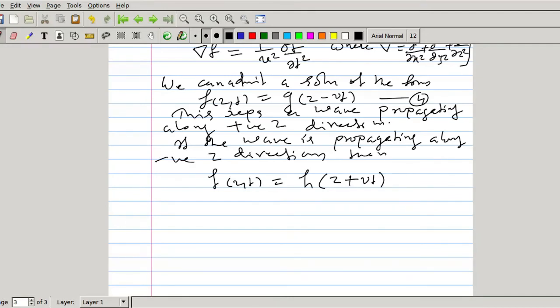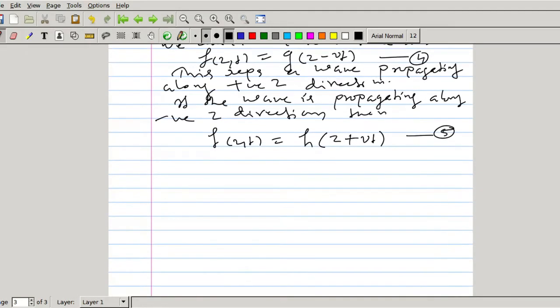So z plus vt represents a wave propagating along the negative z direction. So the general solution of the wave equation will be a linear combination of these two, a wave propagating along the positive z direction and a wave propagating along the negative z direction.